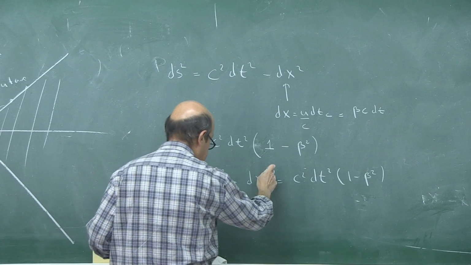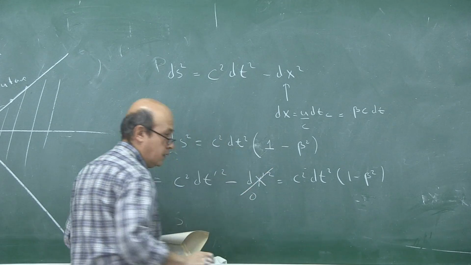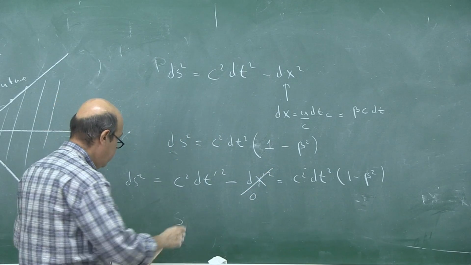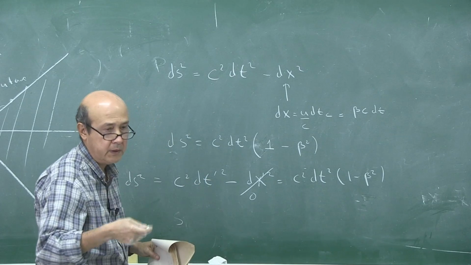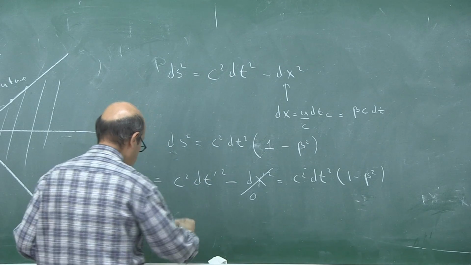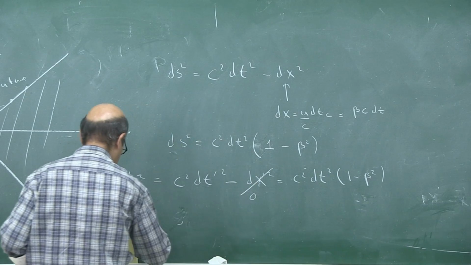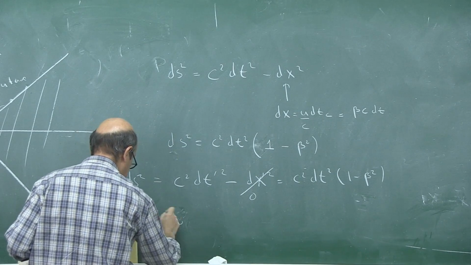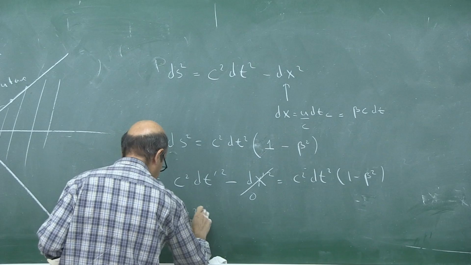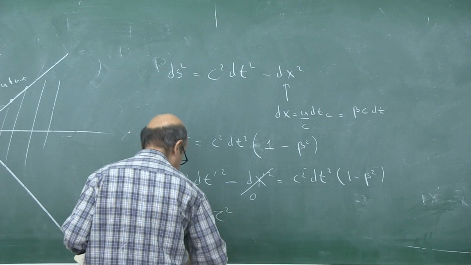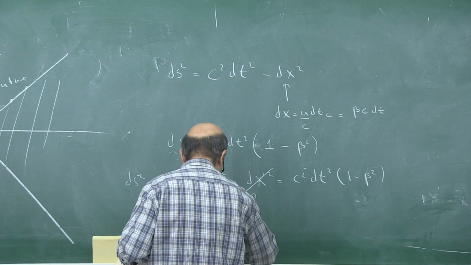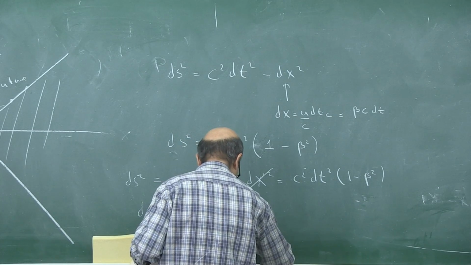If dx' is 0, if the clock is with you, we call this dt' the proper time. So if dx' is 0, ds² is equal to c² dτ². We call this the proper time of the source.